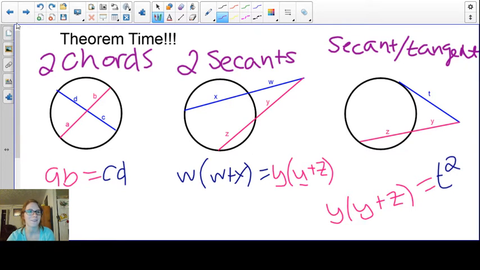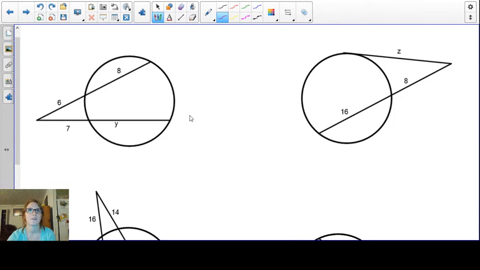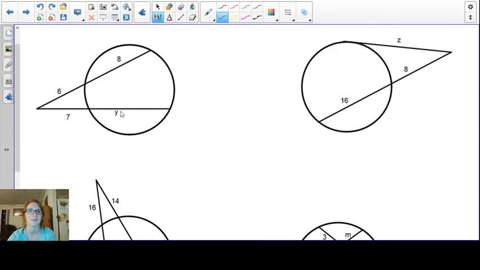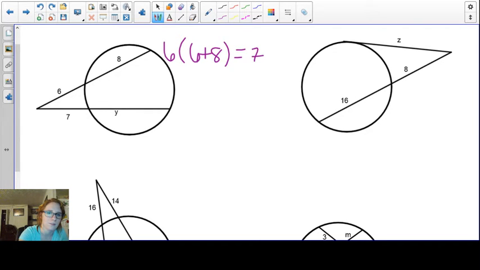All right, let's go put these guys into practice. So I have 2 secants here. So that means I have the outside of, say, 6, times the whole, which is 6 plus 8, which is equal to the outside, times the whole, which is y plus 7.